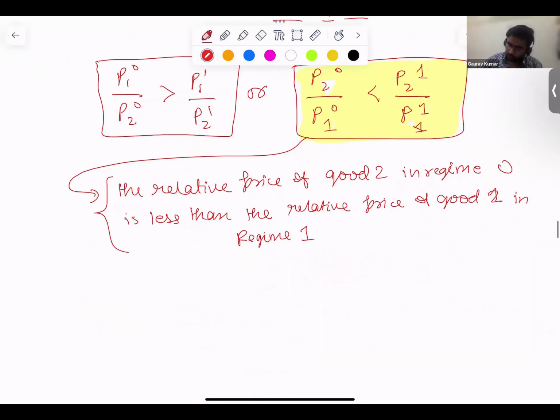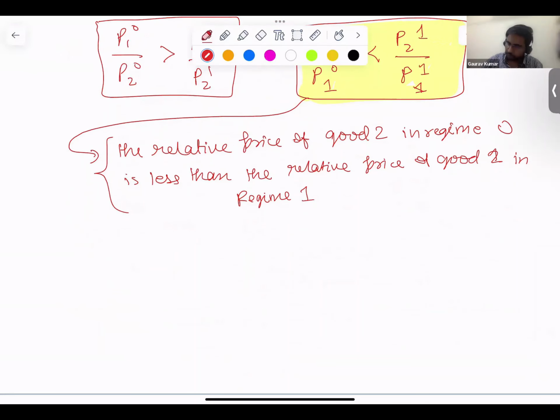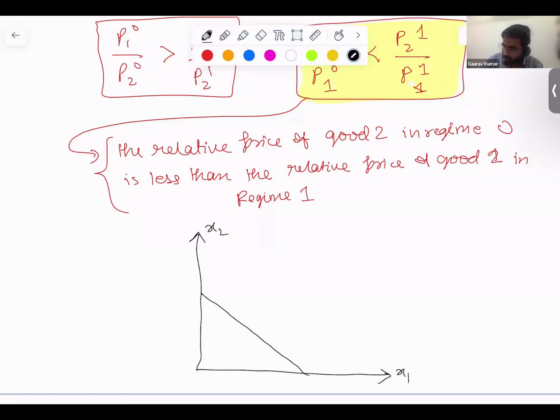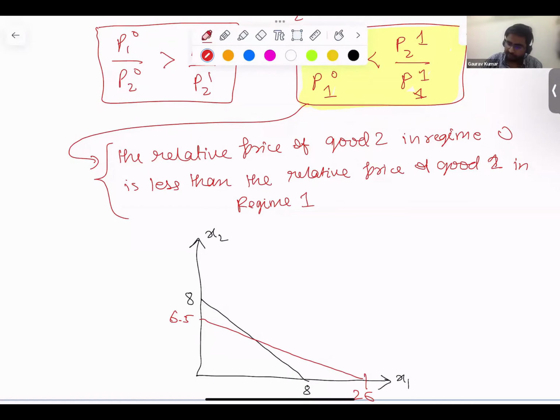Now let's go back again to the diagram we had. This is not exactly 6.5, it's something 6 point, I'm just writing it for easiness.